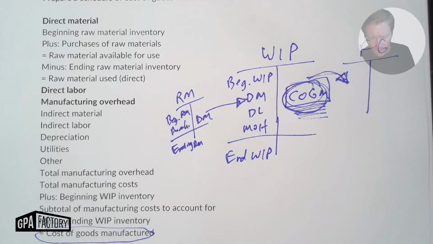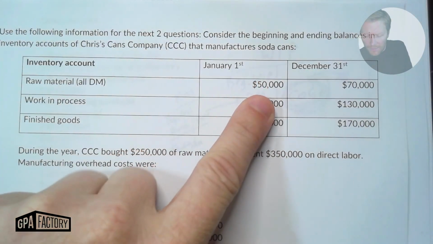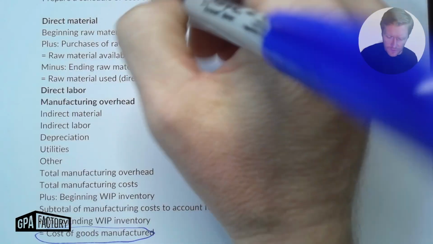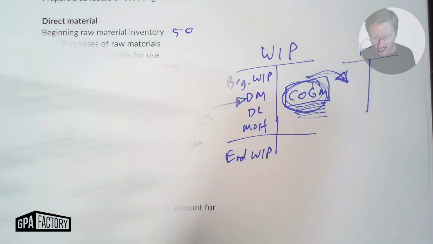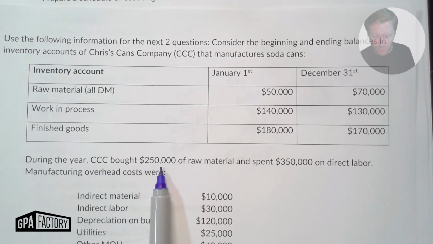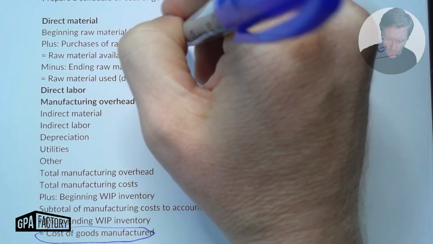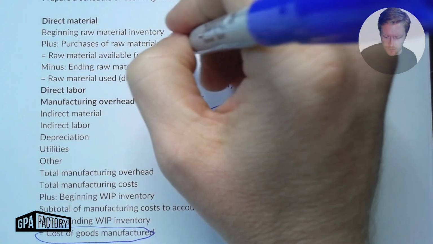Okay. So direct materials, beginning raw materials inventory. That's going to be this beginning amount right here, 50. This plus purchases. We purchased 250,000 of raw materials. And then we'd have some subtotal, raw materials available to use, 300.